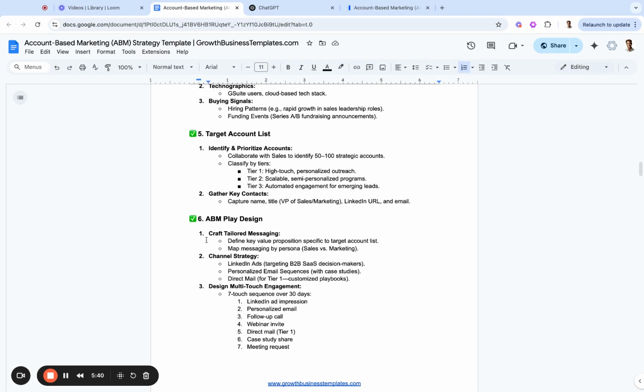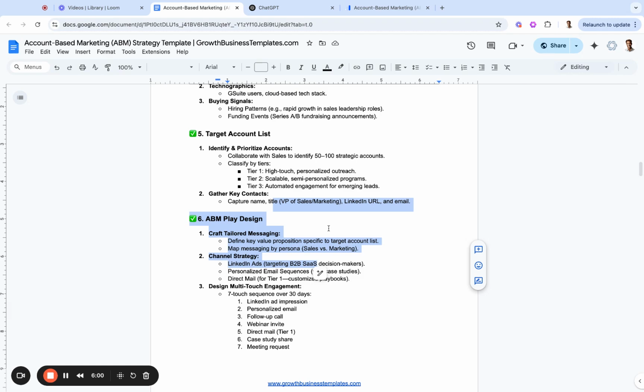So then you'll build out a target account list. These are actual company names with domains, the accounts that you're going to be targeting, and you can tier them based on the prioritization and how many resources that you're going to put towards them.